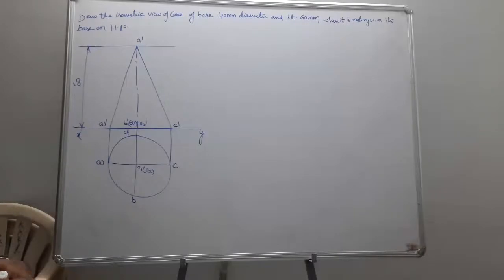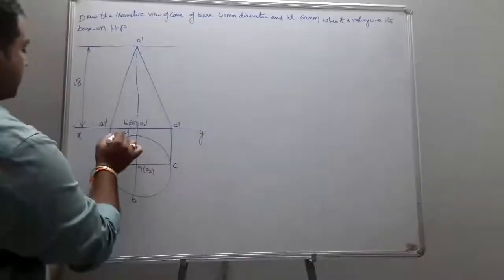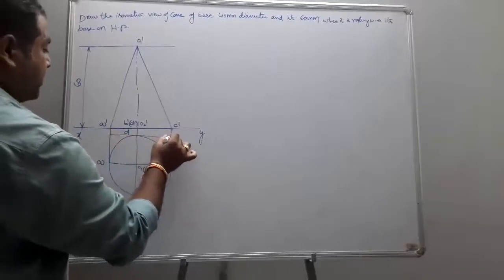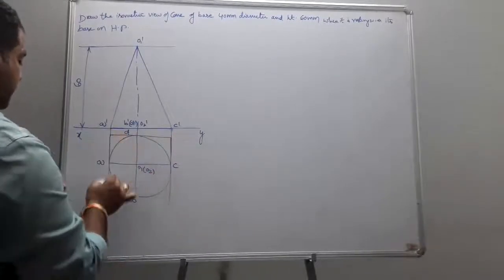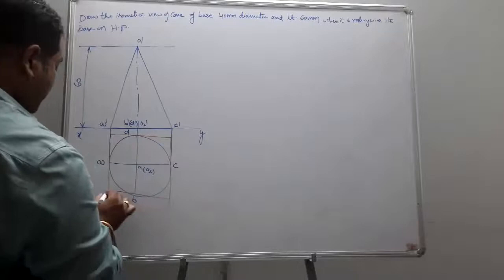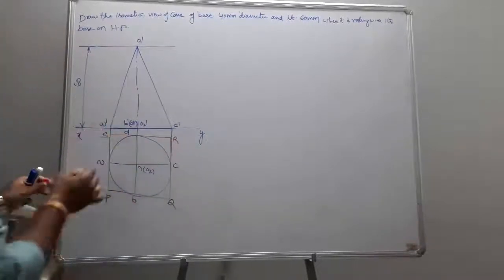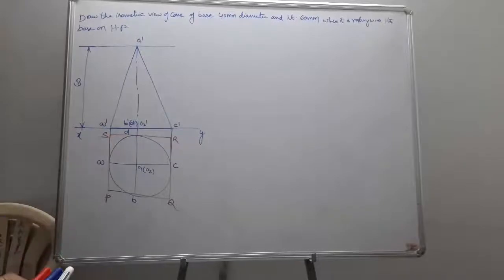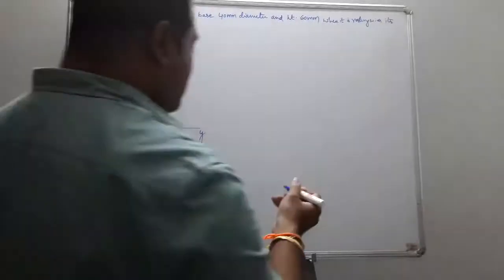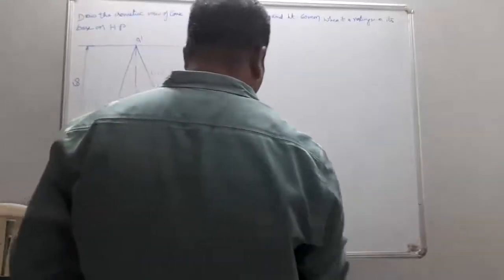Once you obtain your circle shape, again you just go for the 4-center method by inscribing your circle in a box PQRS. So P, Q, R, S. Base is horizontal means the isometric axis is going to be considered.